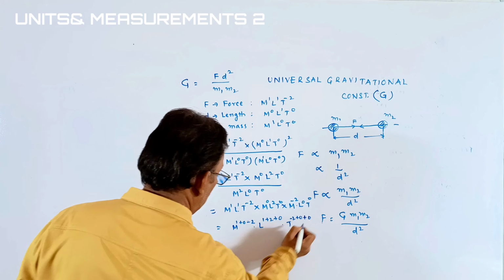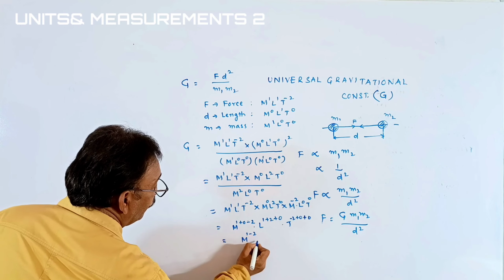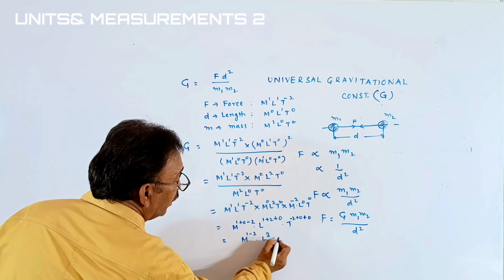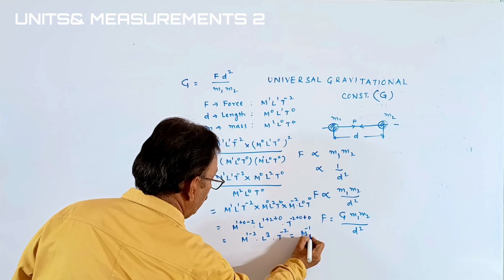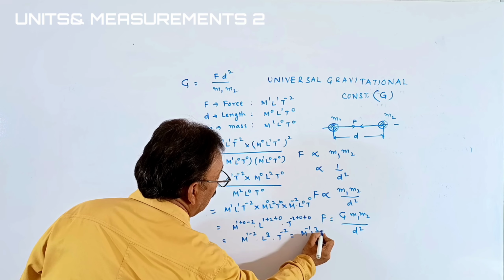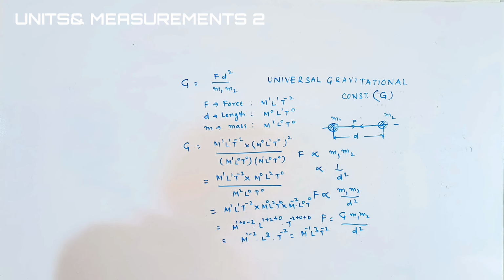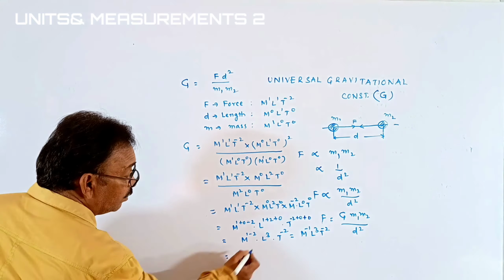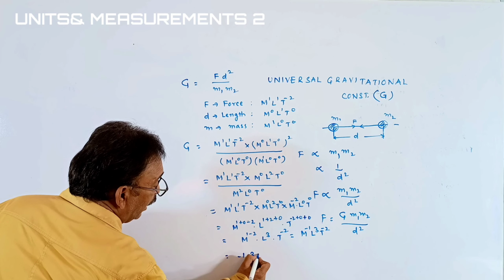Then it can be written as M L to the power of 3 T to the power of minus 2, or M inverse L cube T inverse 2. And what are the dimensions? Minus 1, comma 3, and minus 2.